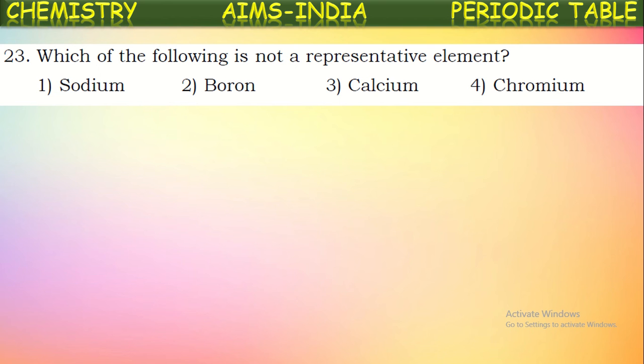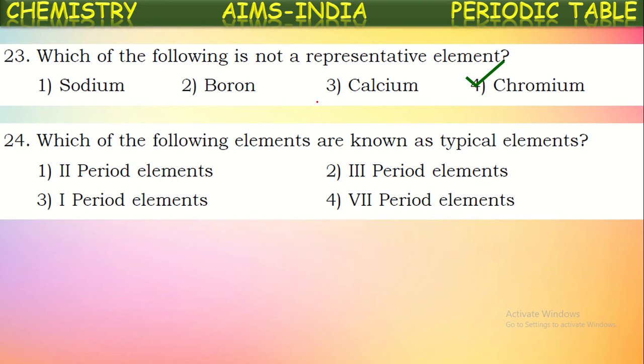So here if you observe, except chromium, all remaining elements are either s block or p block elements. Sodium and calcium are s block elements. Boron is a p block element. So these three elements come under representative elements, except chromium because it is a d block element.